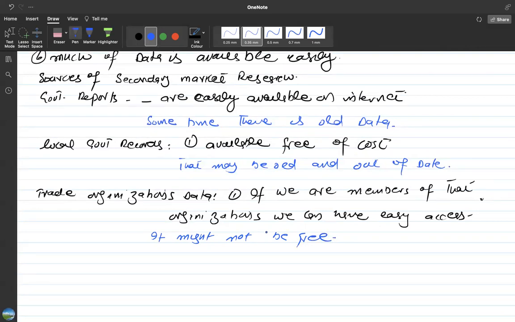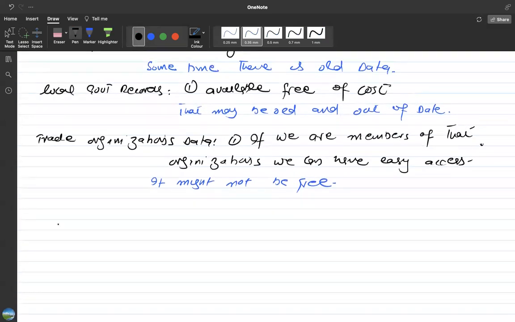We can use market research agencies' data, whose core objective is to do market research. There are many agencies, for example, one name of an agency is Mintel. We can use the data of that.